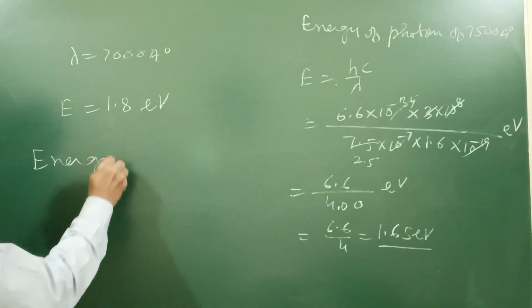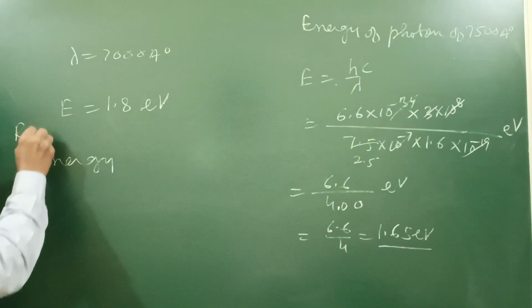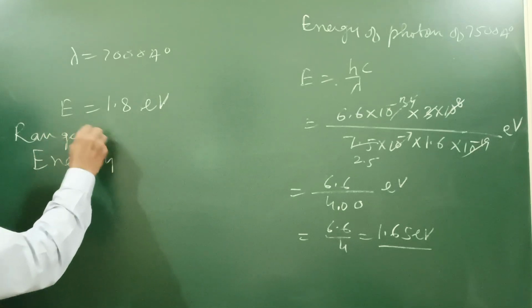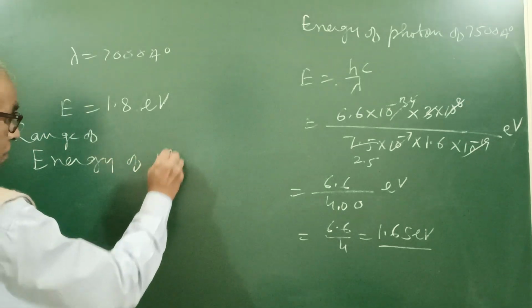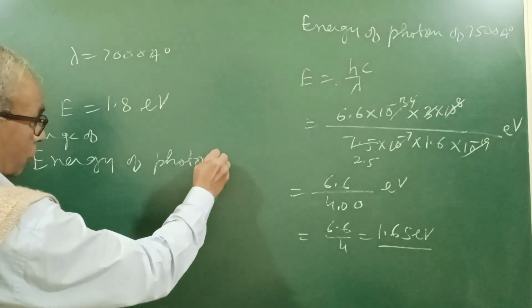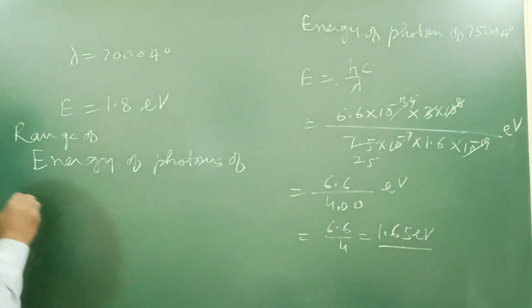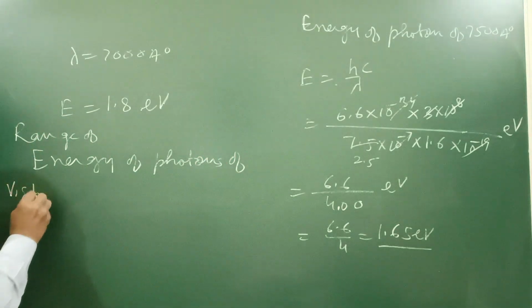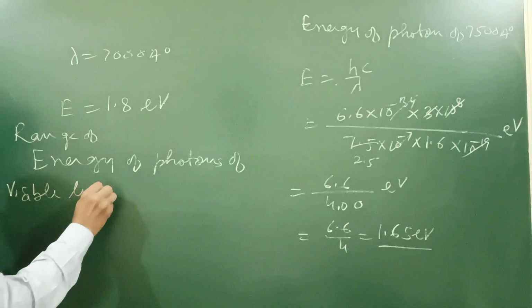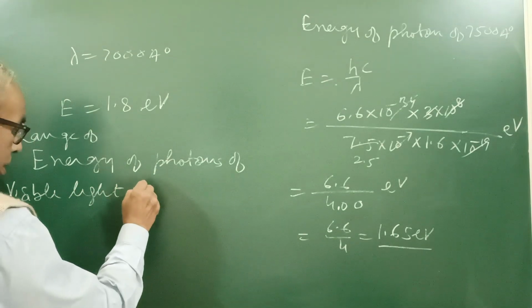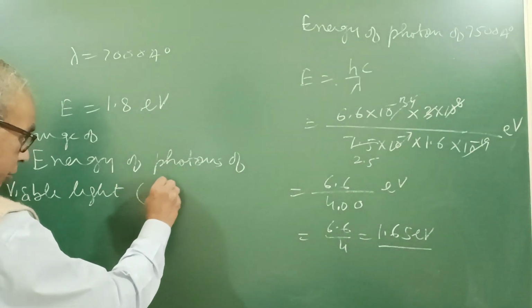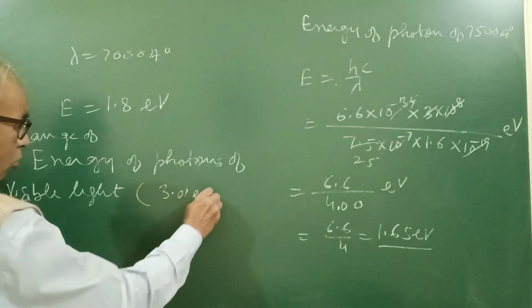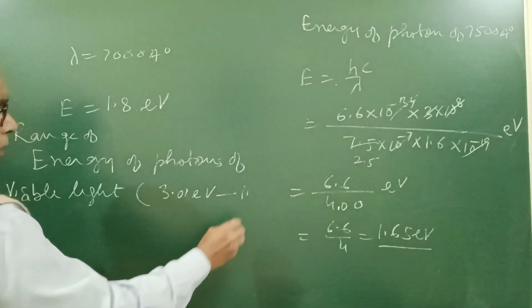So the range of energy of photons of visible light is 3.01 electron volt to nearly 1.8 electron volt.